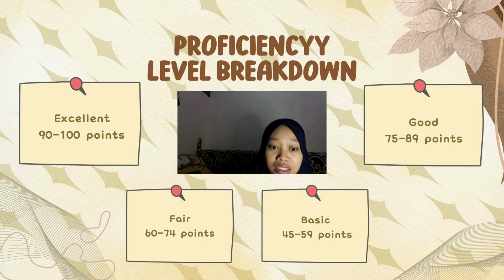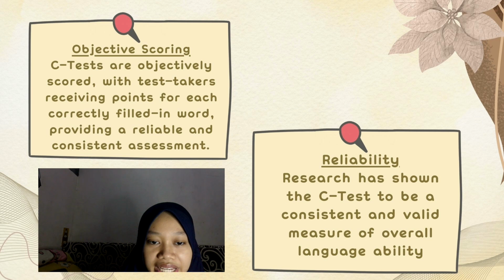For the excellent, they are 90 till 100 points, good 75 until 89 points, fair 60 to 74 points, basic 45 till 59 points.